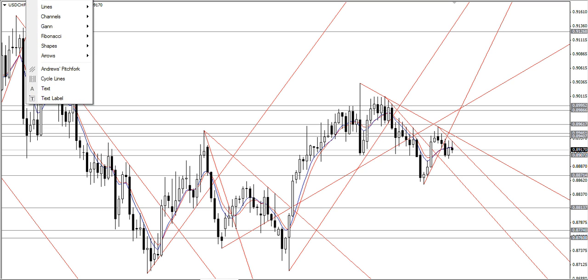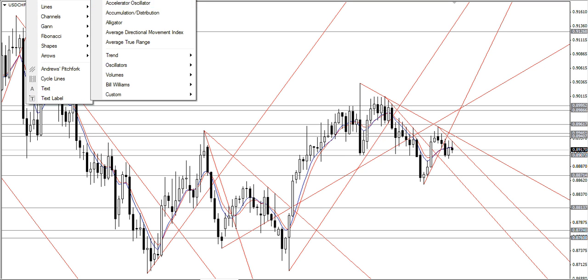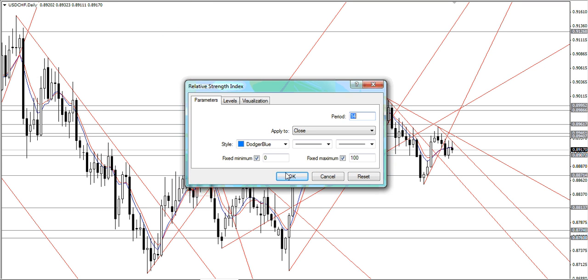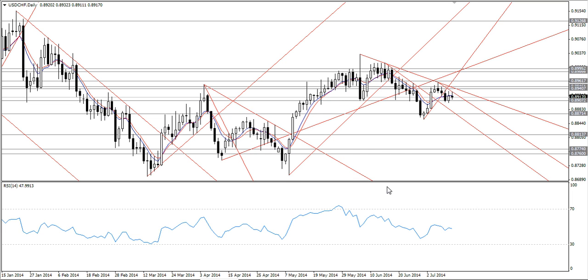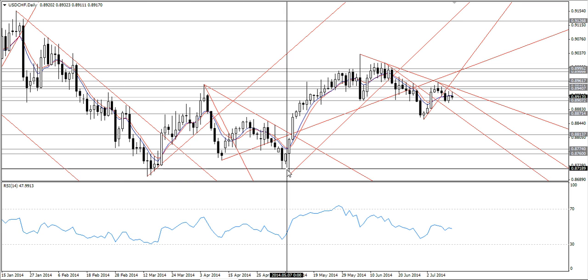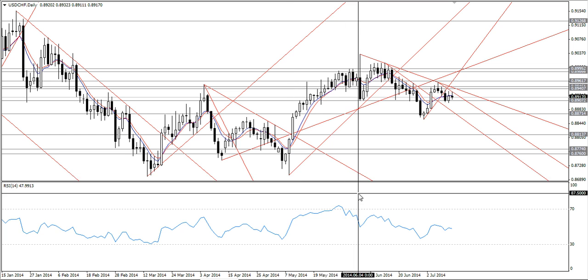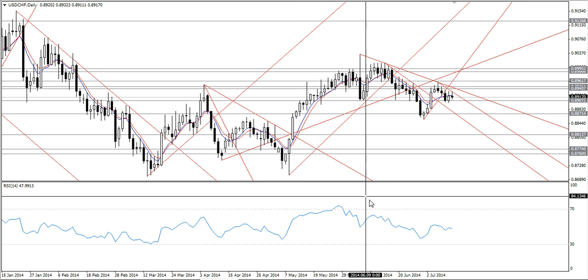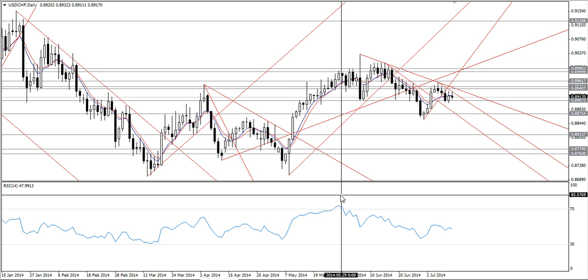Let's RSI this real quick. I don't think there's anything here that can help us with strength-wise. Okay, now we did have that double bottom. This is the same double bottom that was shown in the weekly here and here. But right now, we're seeing divergence here.